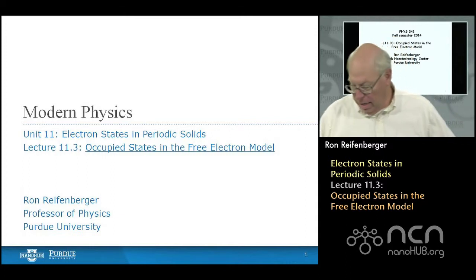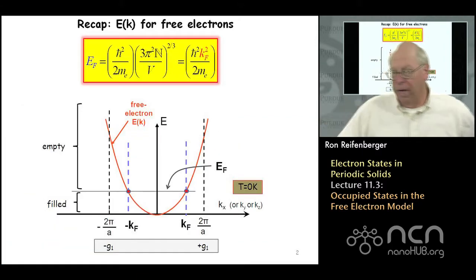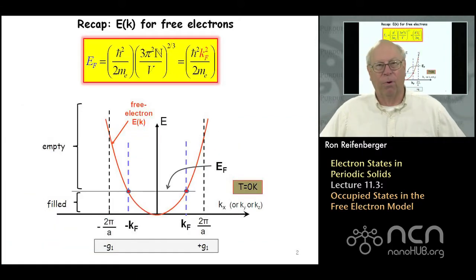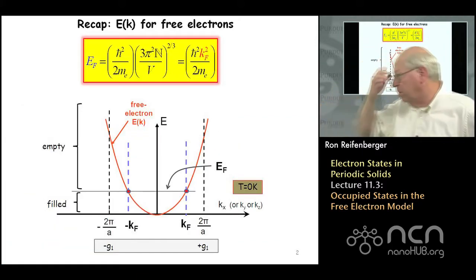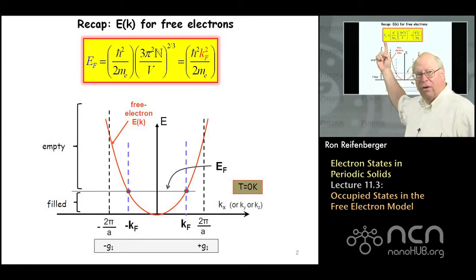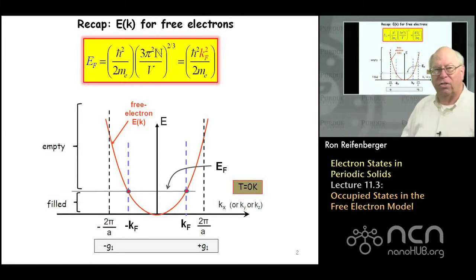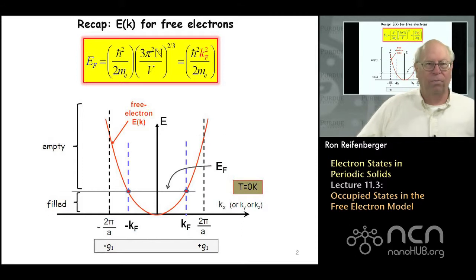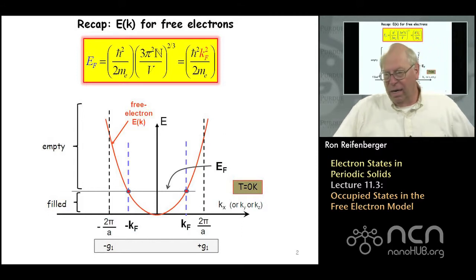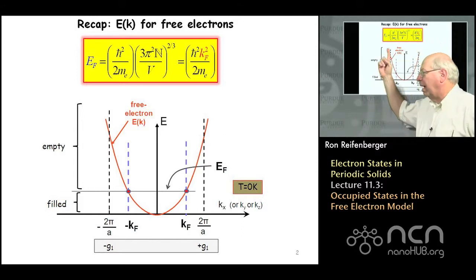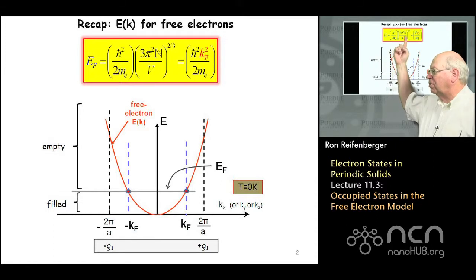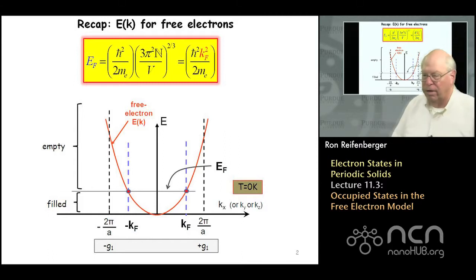So by way of review, possibly the most important formula we derived was the formula for the Fermi energy, right? Fermi energy is the maximum energy that's filled by electron states, and it's given by some fundamental constants times the ratio of the number of electrons per unit volume raised to the 2/3 power.